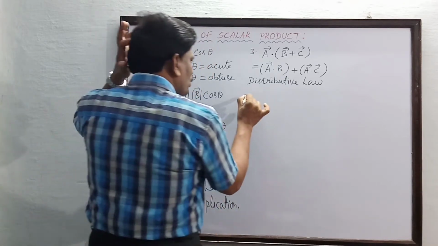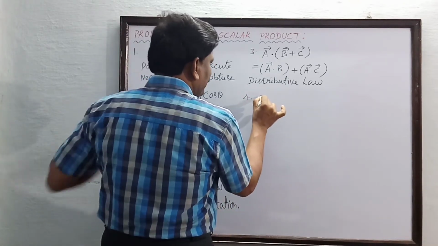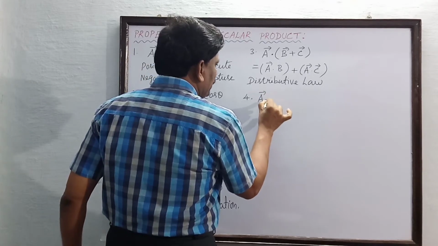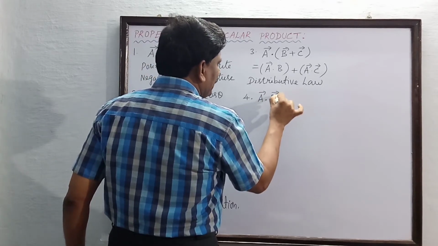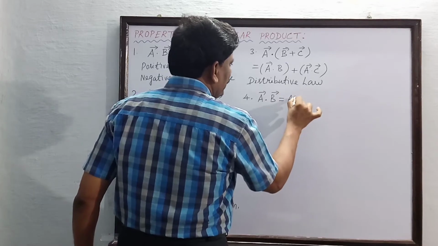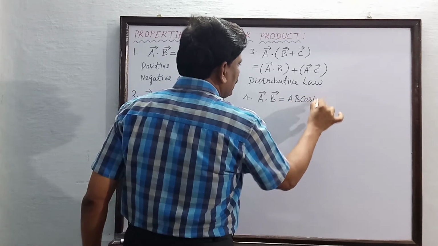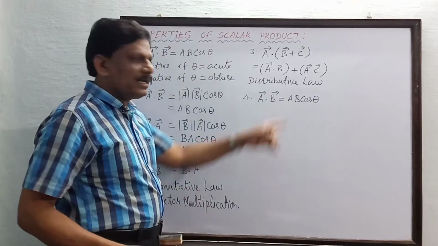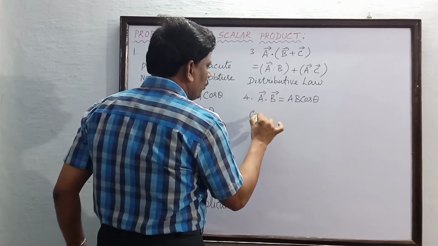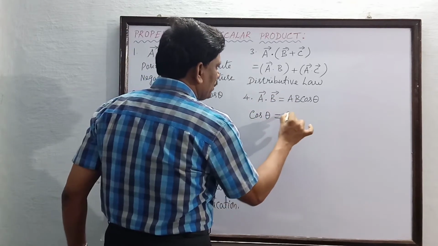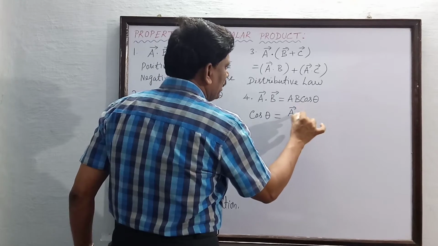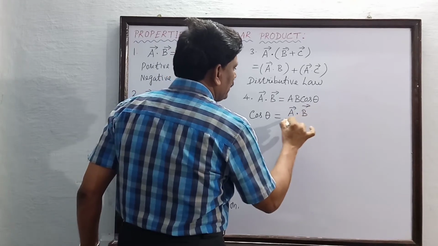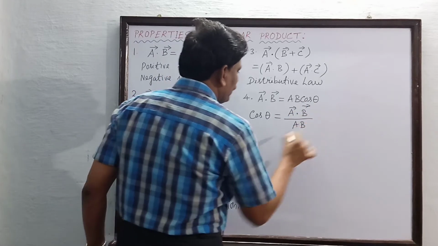So the fourth one, once again I am going to write A vector dot product B vector is equal to A B cos theta. Therefore cos theta is equal to vector A dot B divided by AB.